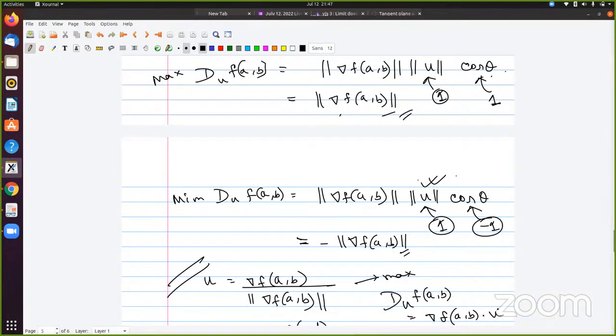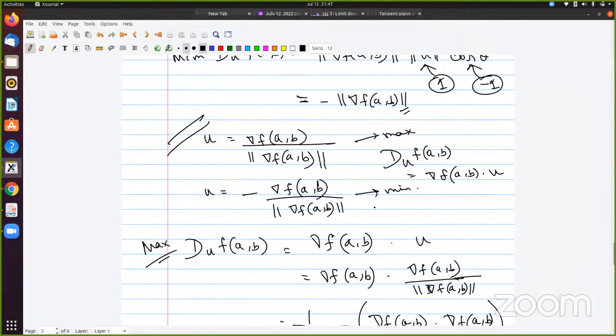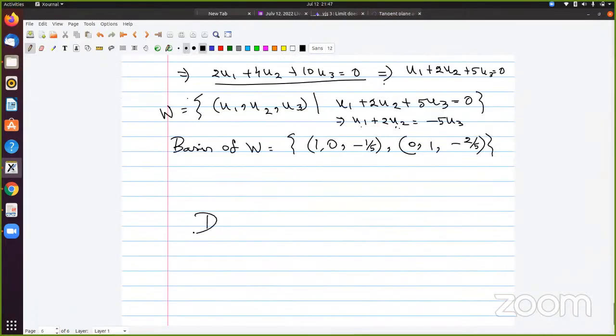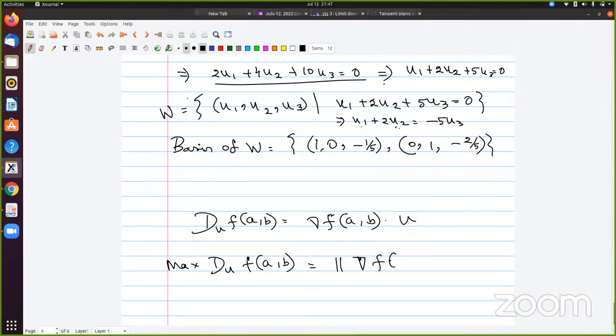Now what is your choice of u for which it will come as the norm of grad f at (a, b)? Let me write it clearly here. This is in general, right? Now the maximum value of the directional derivative of f at (a, b) is basically the norm of the gradient. Till that portion you have understood, right? Now grad f at (a, b) dot u should be the norm of grad f at (a, b). What should be the value of u here?